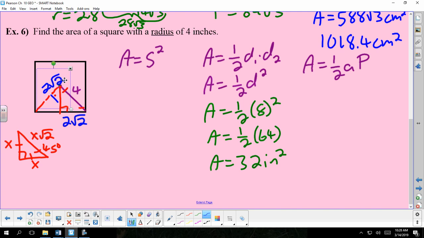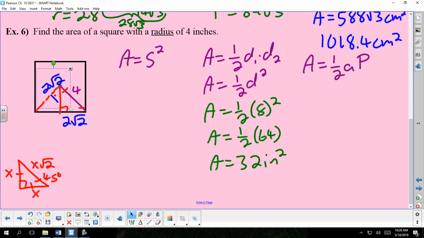So an entire side length would be twice that. So our entire side length here, 2 root 2 plus 2 root 2, or 2 root 2 times 2, is 4 root 2.